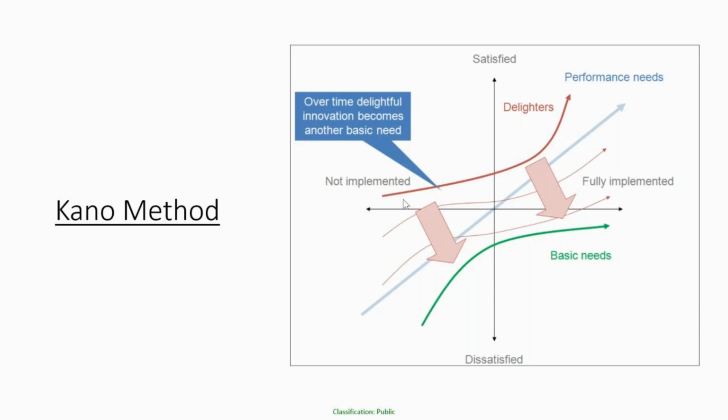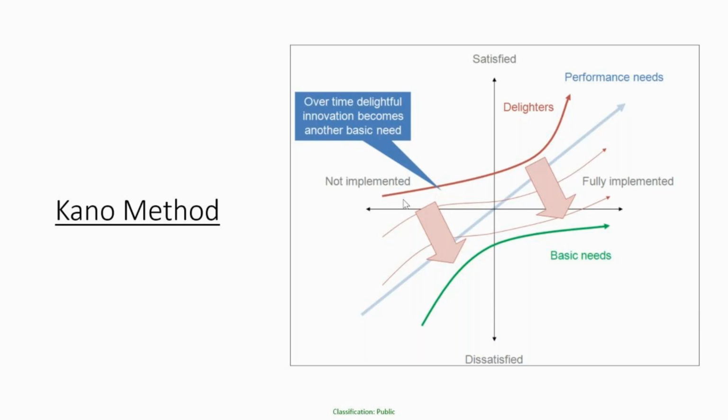So in the late 2000s and early 2010s, if there was a specific camera feature in a smartphone, where you could have the front camera, back camera, and it could take very good quality pictures, that used to be a delighter, an excitement need for the customer. By implementing this feature, the companies could attract more and more customers.